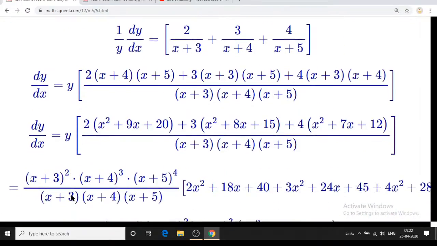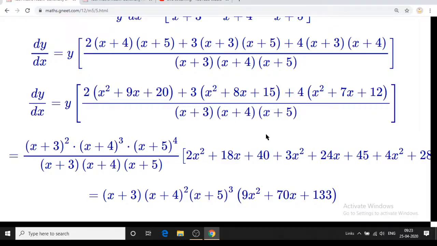Now replace the value of y. This is x plus 3 the square, x plus 4 cube, x plus 5 raised to 4 upon x plus 3, x plus 4, x plus 5. Now we have started simplifying this bracket, that is 2x square plus 18x plus 40, 3x square, and when we go on adding this, here what will happen? This is a square and one term, so one term will get cancelled, so it will be x plus 3 cube upon 1, so power gets reduced by 1, so that will be 2, and here power will be reduced by 1, so it becomes 3.